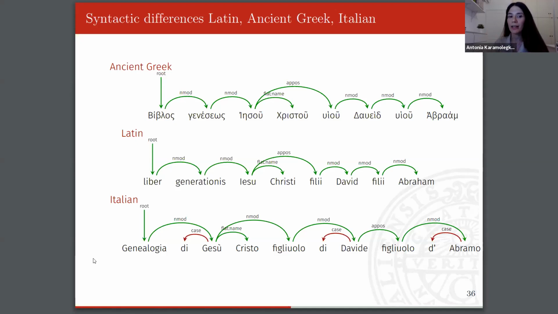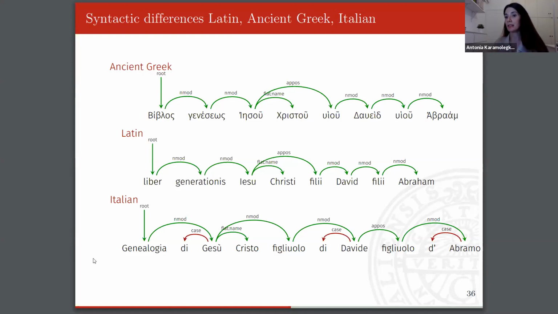We can see that both Latin and ancient Greek have a case system, which is expressed morphologically in the words. The case changes in the word, while Italian uses the preposition "de", which causes a completely different syntax that could make it not as syntactically similar to ancient Greek.